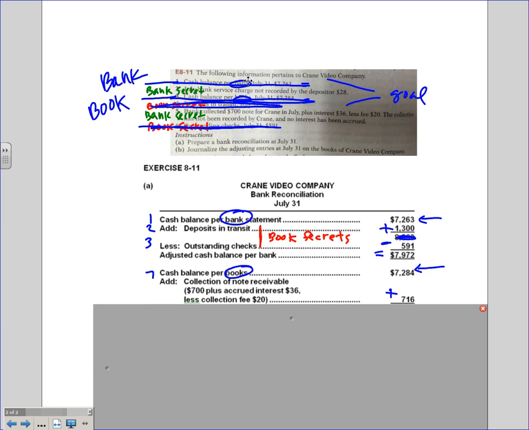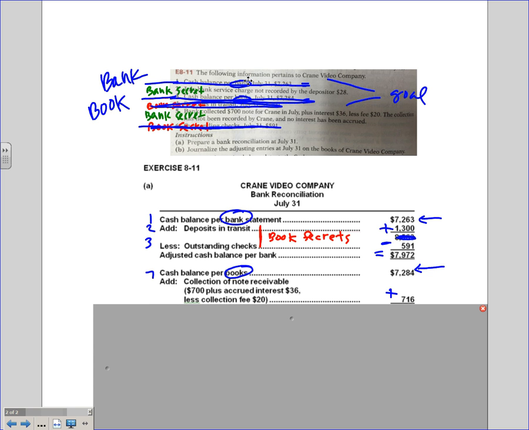We earned some interest on that, $36, but you know what? The bank's going to say, we're not going to do all your dirty work. We're going to charge you $20 for handling all of this for you. So they're going to take a small cut, and rightfully so. So that's where you get the 716. So why is that the bank's secret?